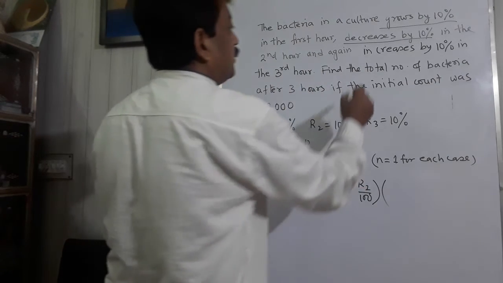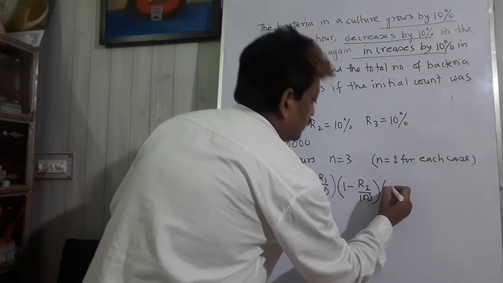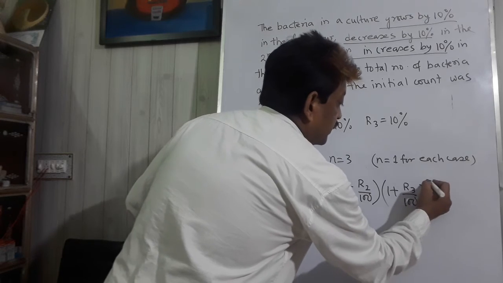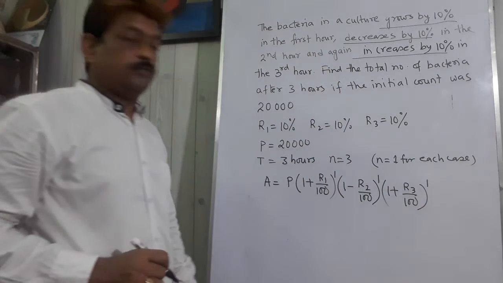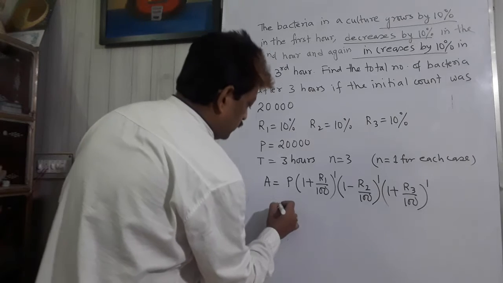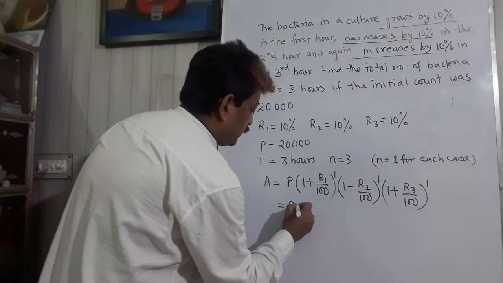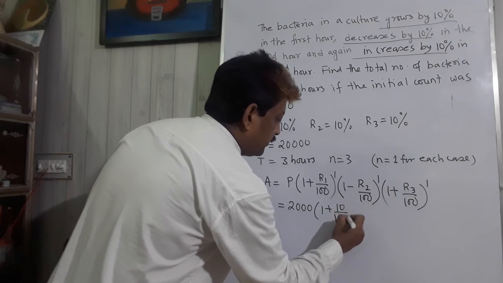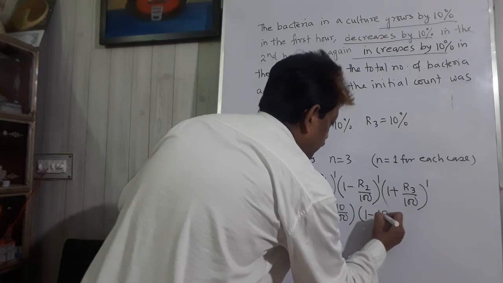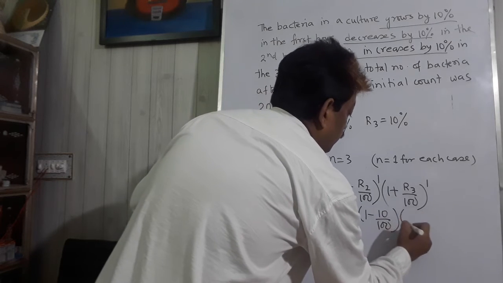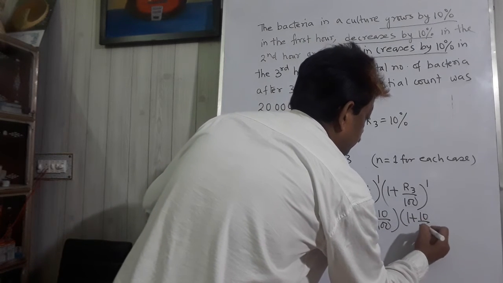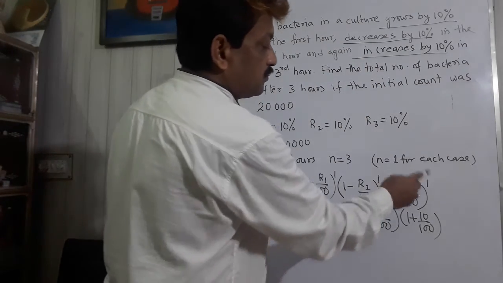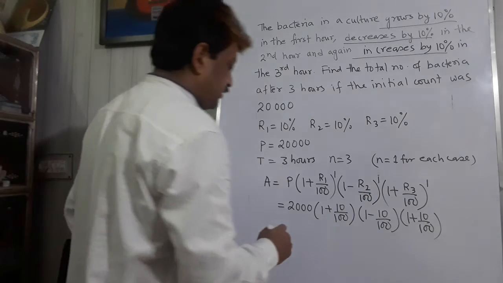And in the third hour, it again increases by 10%, so again plus sign, and in each case n will be 1. Okay, now put the values. So 20,000, 1 plus 10 by 100, 1 minus 10 by 100, and 1 plus 10 by 100. Power is not required to write because all the powers are 1.